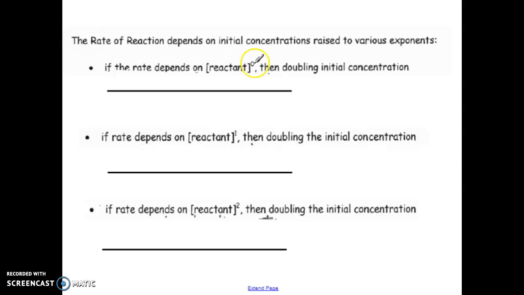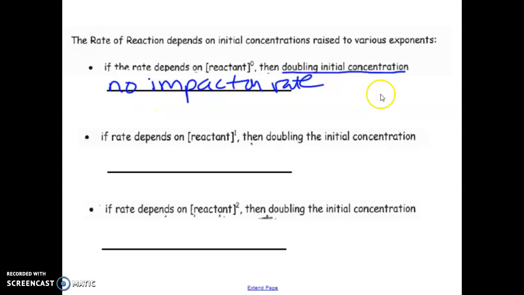So let's say we were talking about something with an exponent 0. If you have an exponent 0, essentially the relationship is that it has no impact on the rate. Zero impact on the rate.